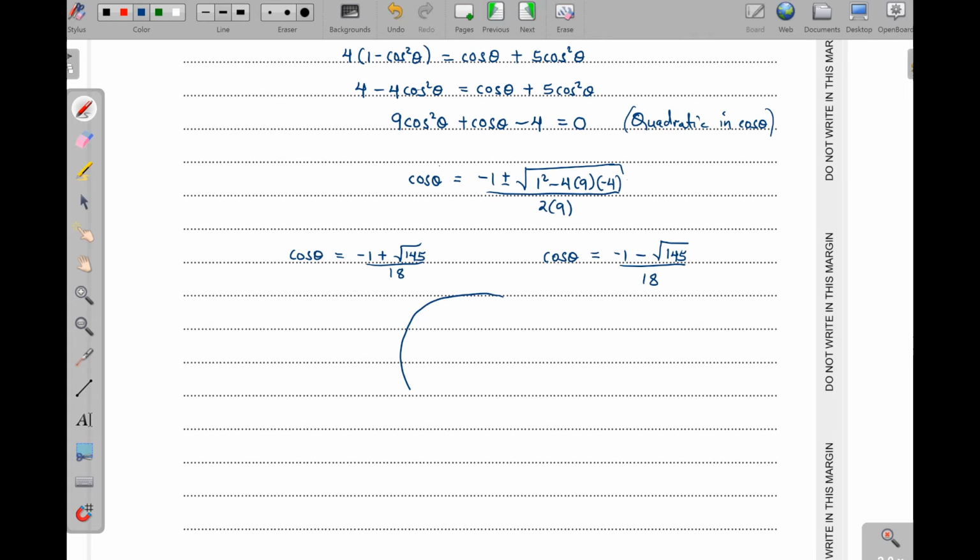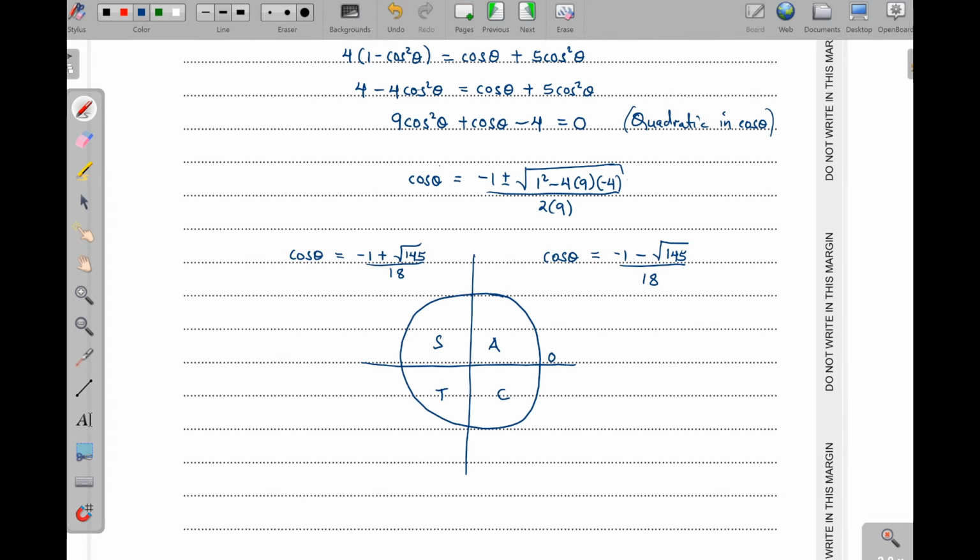Now, when we are getting the values here, I'm going to use the unit circle. All are positive in the first quadrant, sine is positive in the second, only tan is positive in the third, and cosine is only positive in the fourth quadrant.